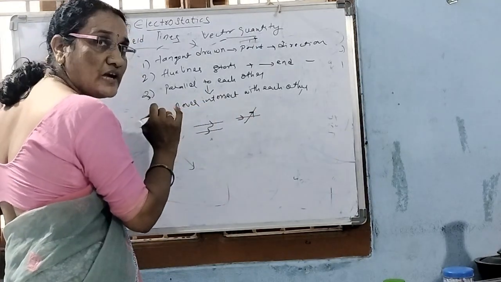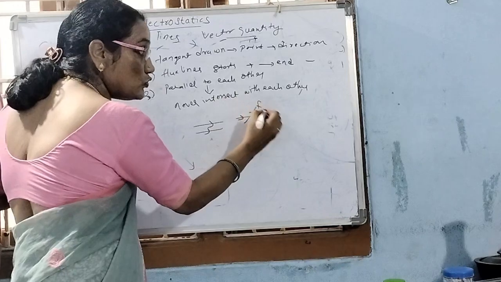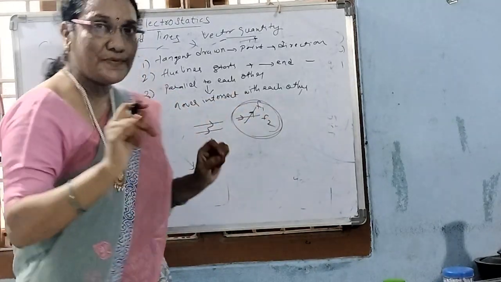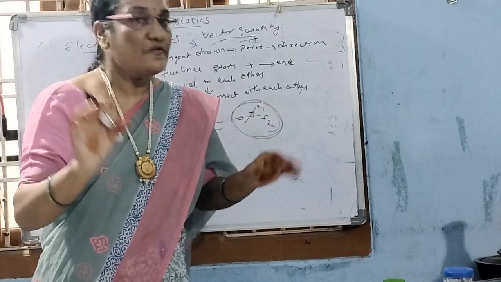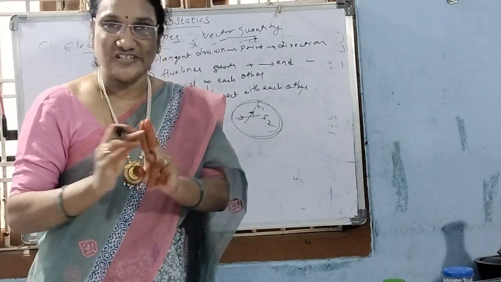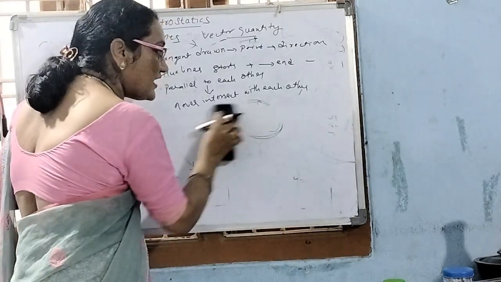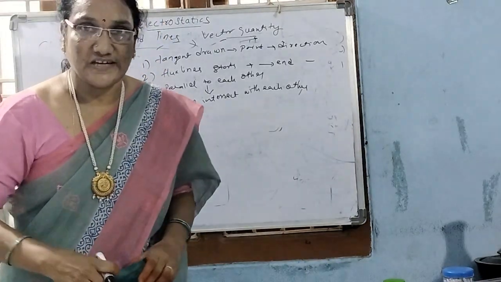If they intersect, what happens? We will have two force directions. But are two force directions possible? It is impossible. We will not have two force directions. So these flux lines never intersect with each other.